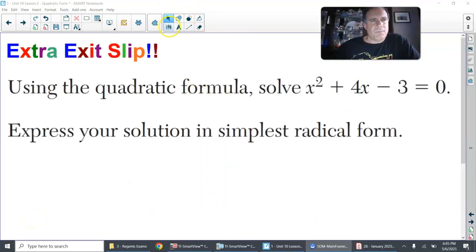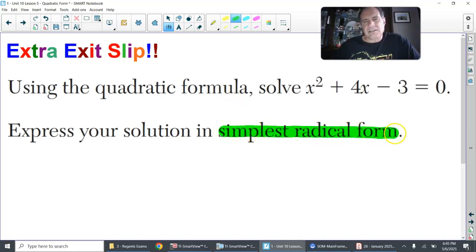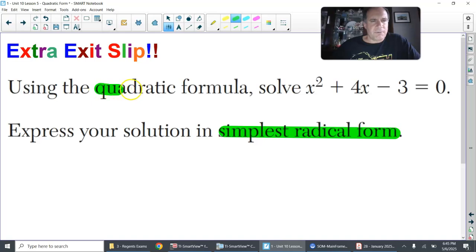Okay, one more exit slip. Just added it because this is something that you'll see on the Regents possibly. It says simplest radical form. So it says use the quadratic formula, and the quadratic formula, you know, is nice and easy. It's on the reference sheet.